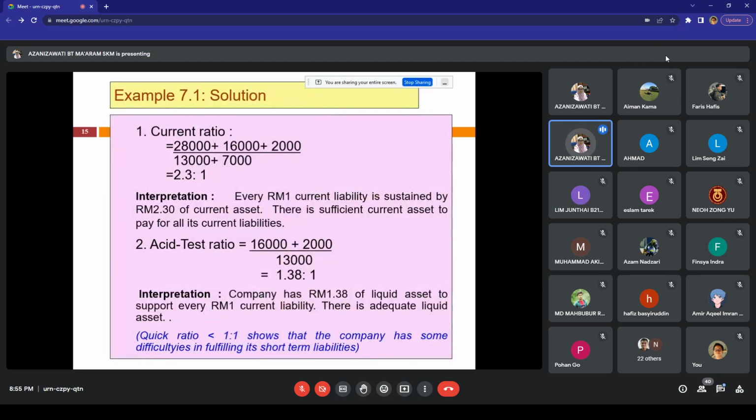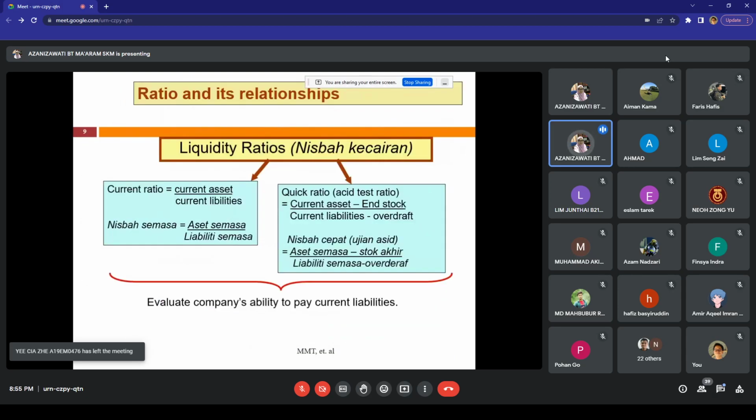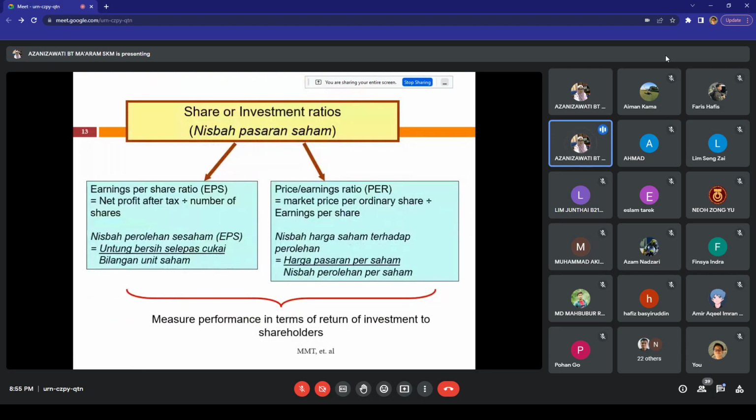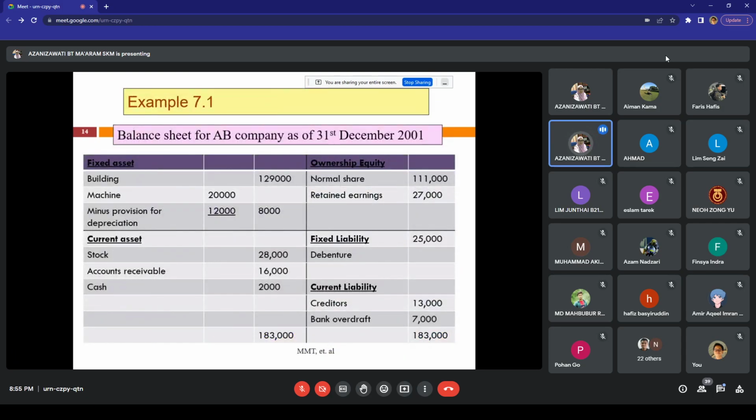183,000. So let's say they ask you to calculate the current ratio. We know the current ratio is current asset divided by current liability. So you see the current asset is 28,000, plus 16,000 for account receivable, plus 2,000. That is under current asset here. And then divide by liability.